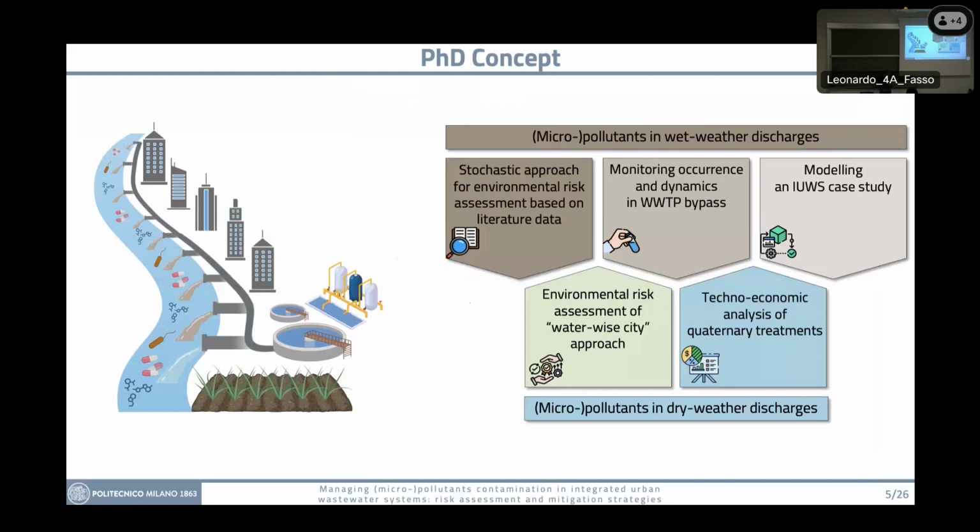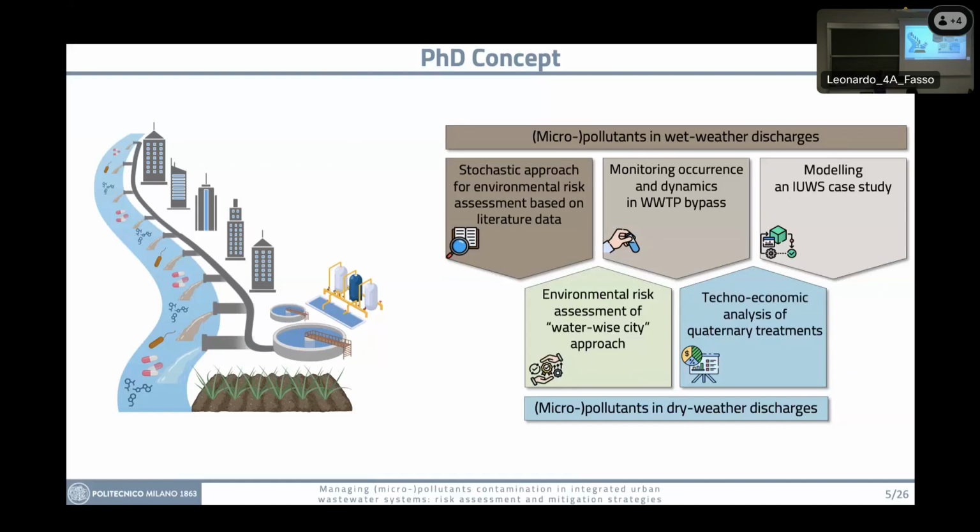And then, after this work on the literature, we performed several monitoring campaigns on a case study where we monitored the bypass of a treatment plant during wet weather. And we also monitored the dry weather in order to do some comparisons of dry and wet weather, and we also looked at different events and different times during the same event to look at the dynamics.